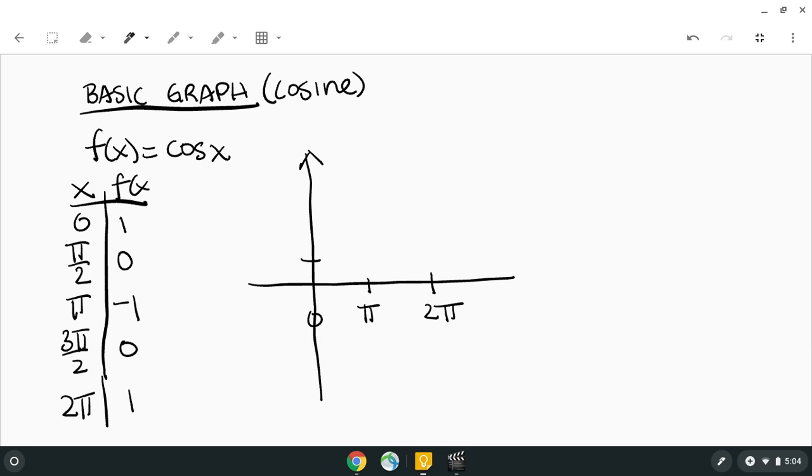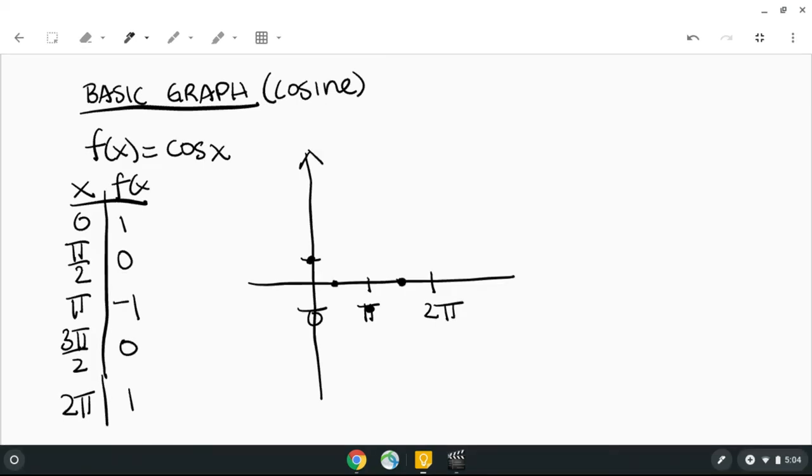Okay, so from 0 to 2 pi, halfway between is pi. Here's 1 and -1. Okay, so we have 0, 1.